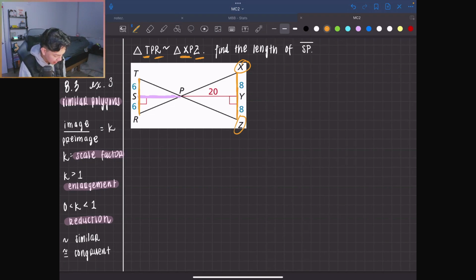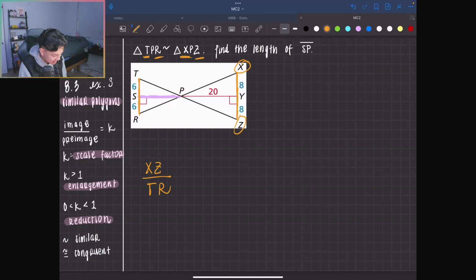So let's set up a proportion, a ratio. So XZ, and I'm putting XZ first because that is our image. That's what happens after. And then over TR. What are these lengths going to be?